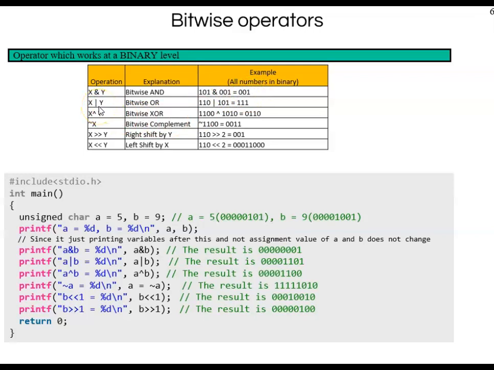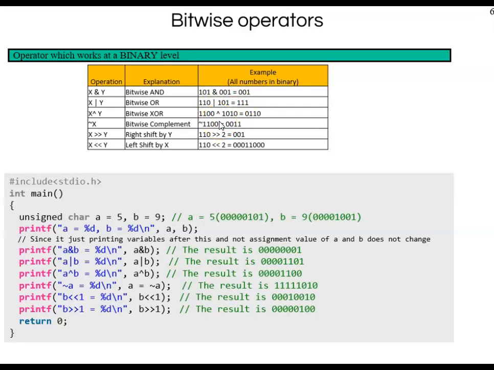5 bitwise or 1. In this case, you have 110, which is 6, and bitwise or 101. So 0 or 1 is 1, 1 or 0 is 1, 1 or 1 is 1. So this value is 7. So bitwise or of 6 and 5 is 7.